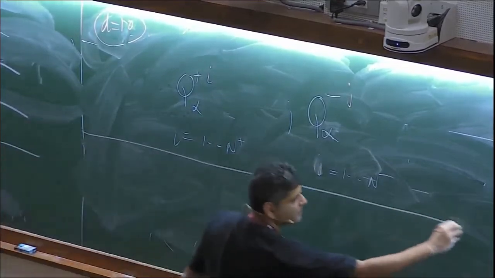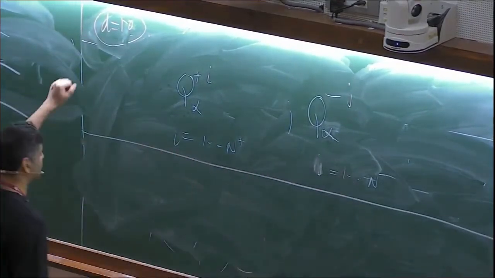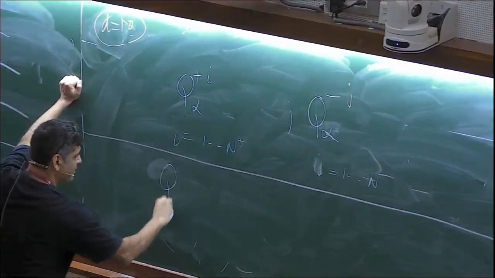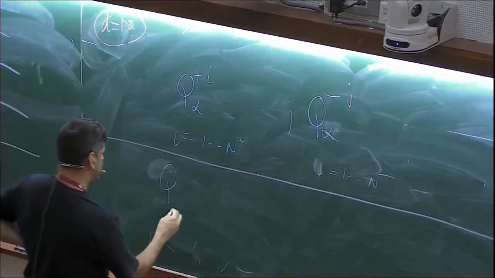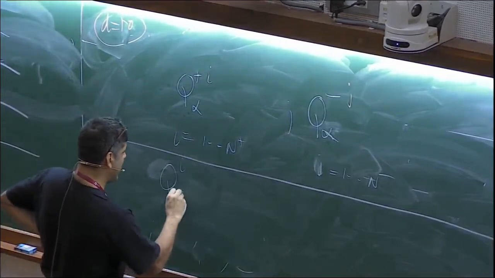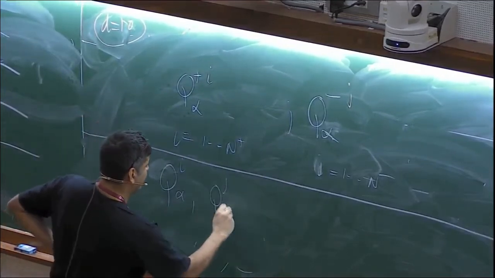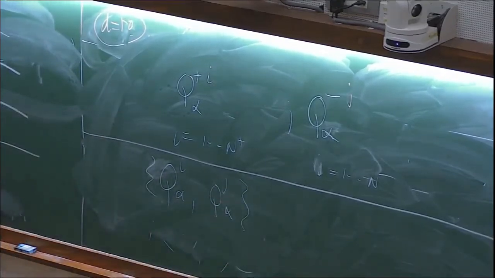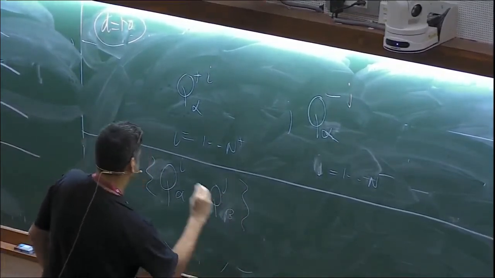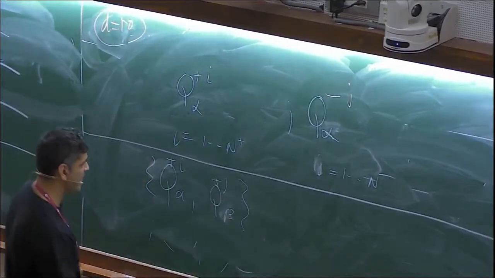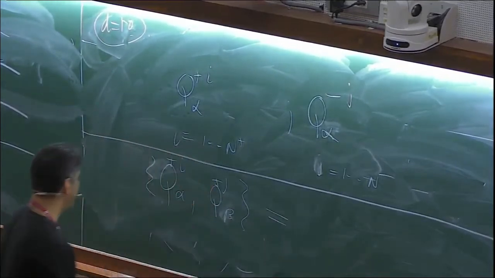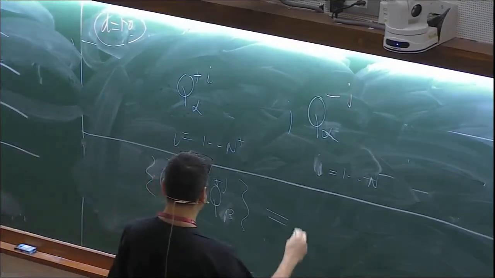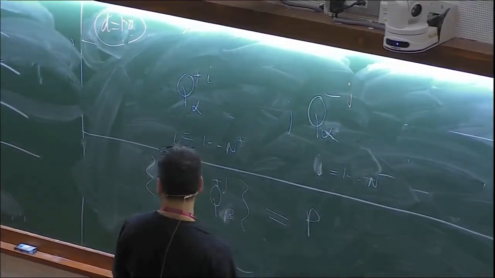Now the supersymmetry algebra takes this form. I have to specify various things for you. I have to specify the anti-commutator of Q I alpha and Q j beta.